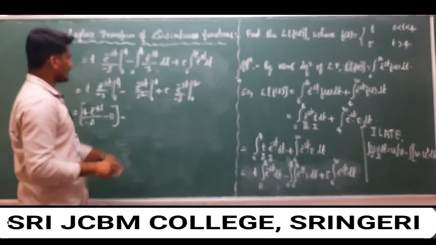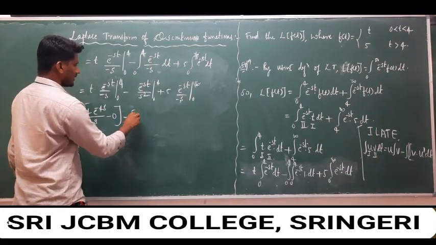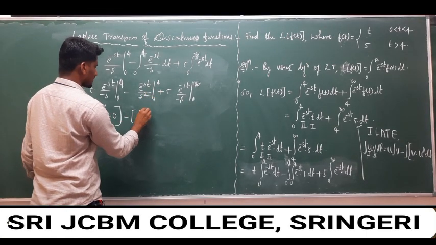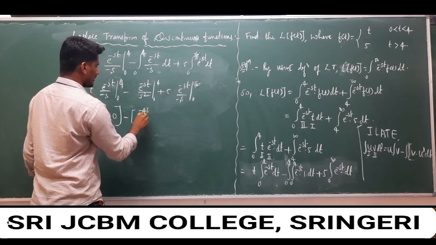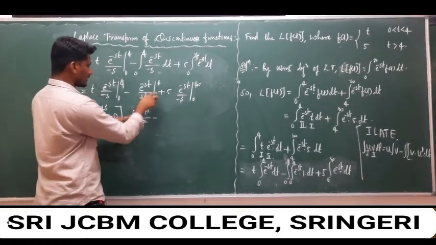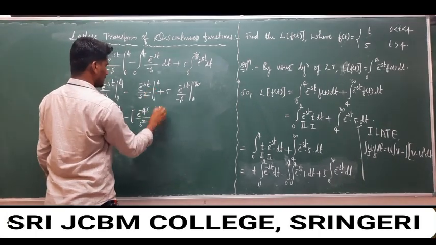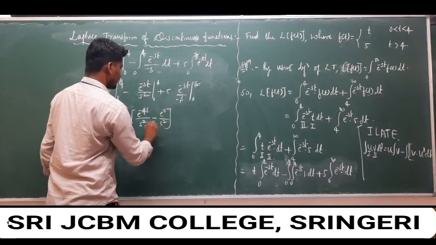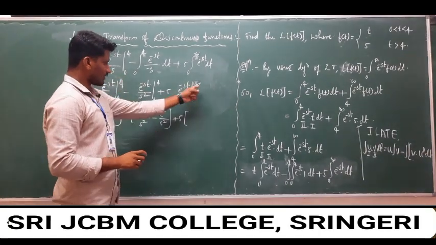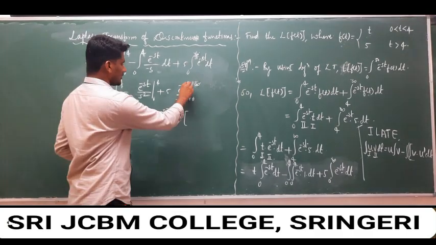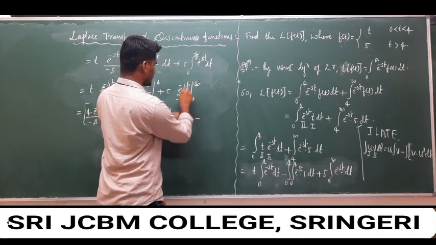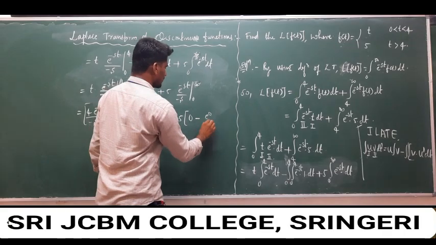Similarly, we apply the upper and lower limits for the second term: the upper limit gives e to the power minus 4s over s square, and apply the lower limit, e to the power 0 over s square. And again for the last term, when you apply the upper limit t equals infinity, it will be 0, minus, when t is 4, e to the power minus 4s.